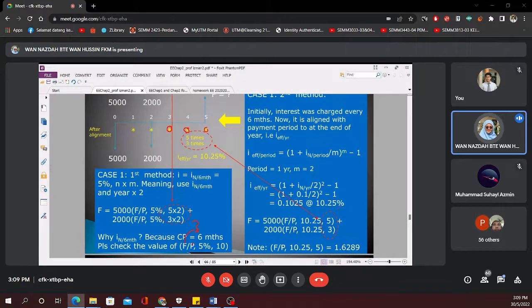So I effective is 10.25%. So your F at N equals to 5 is this. For the 5,000, what is its N? 1, 2, 3, 4, 5. For P equals to 2,000, its N is 1, 2, 3. So these are 5 and 3, and you get this. This one is I nominal. It's confusing, so no need to do this. So just this. Okay? Alright. Understand? Do you understand?